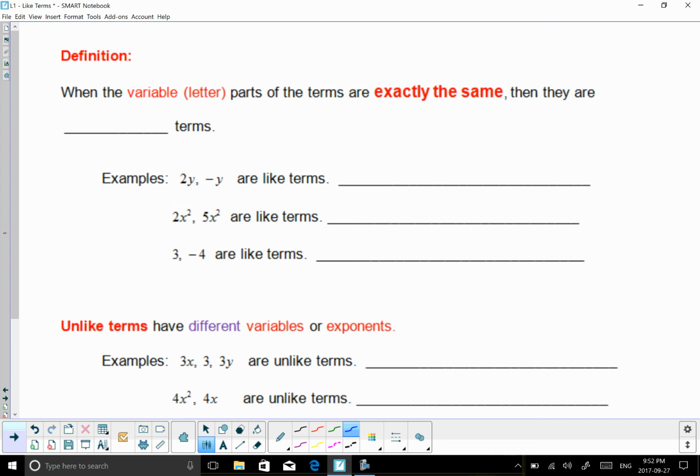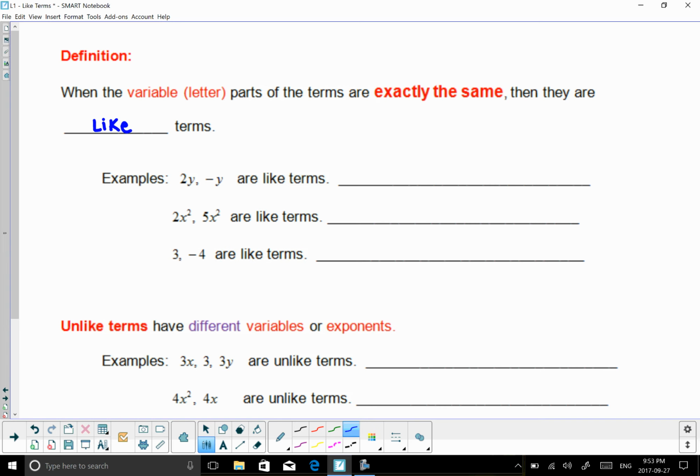When the variable letter parts of the term are exactly the same, then they are what we call like terms, which is a big focus of our lesson today. So here are some examples: 2y and negative y. They're like terms.